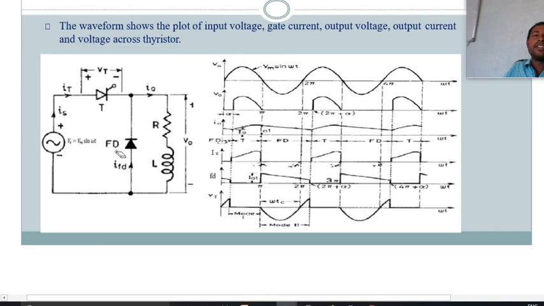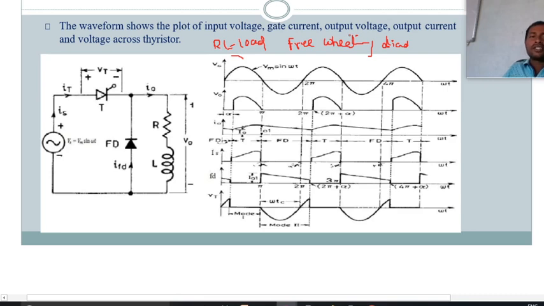If you add a diode anti-parallel with the load, that becomes an RL load with a freewheeling diode.